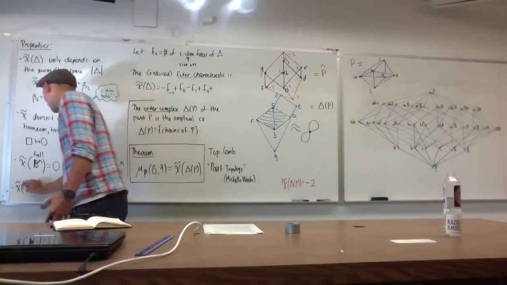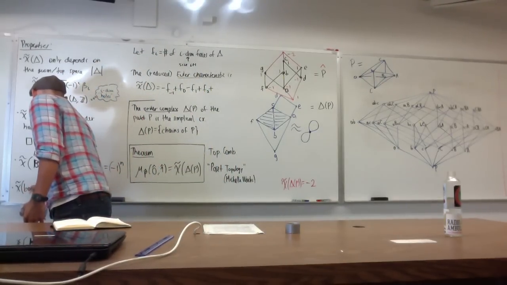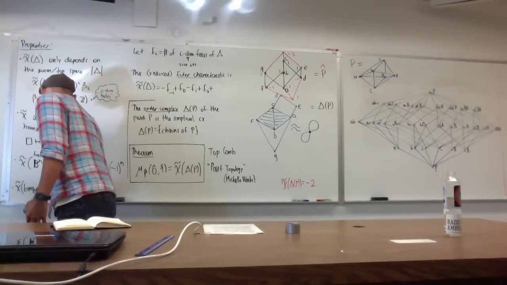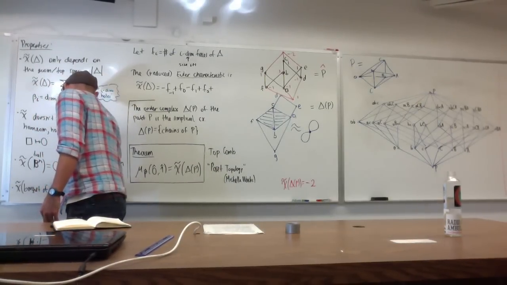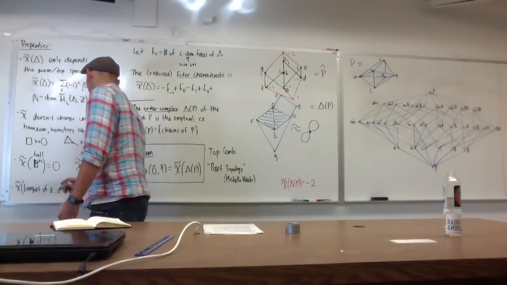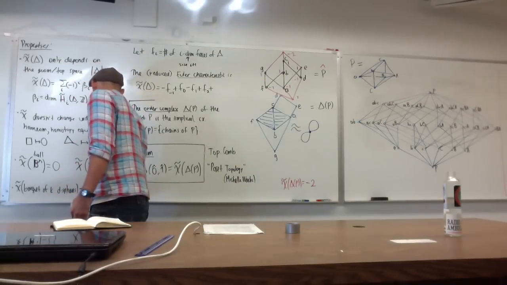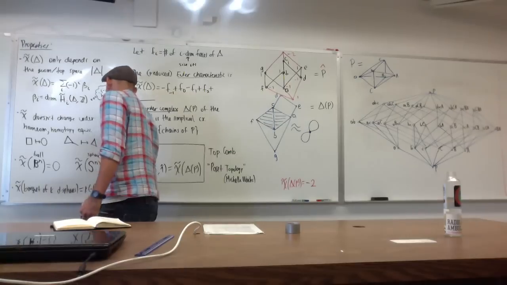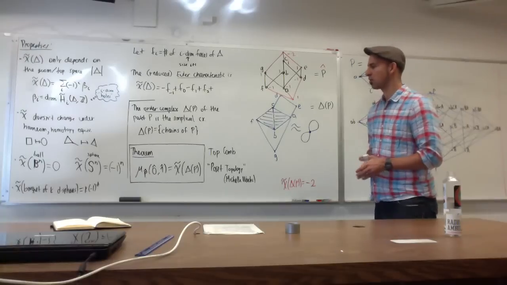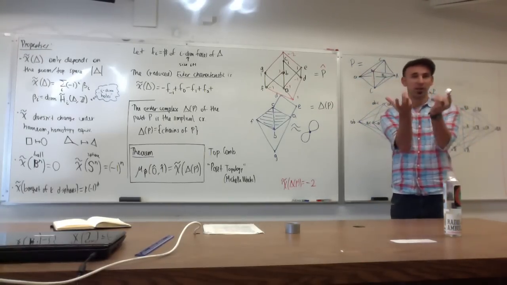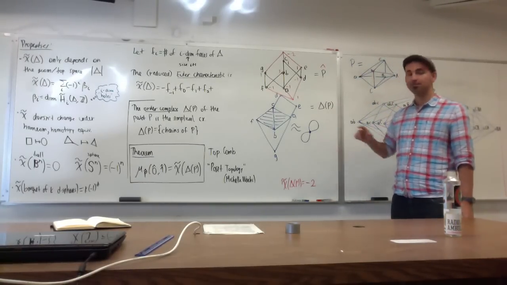So if you take a bouquet of, let's say, k of these spheres, then this Euler characteristic is k times -1 to the d. Each sphere contributes -1 to the d. So for example, this is a bouquet of two spheres. Okay?